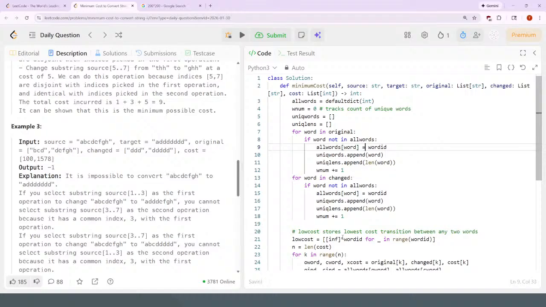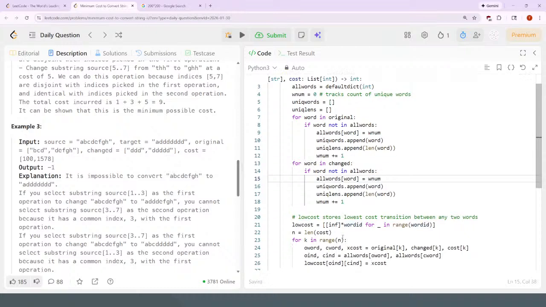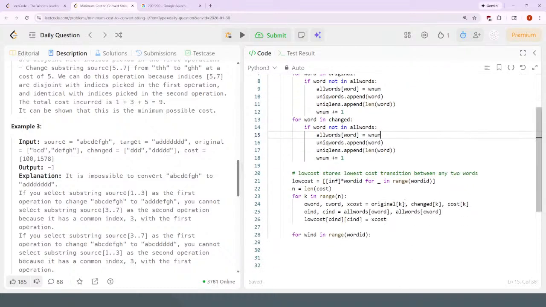All words for this word is equal to w num. Change this. For every word index in range of word num.